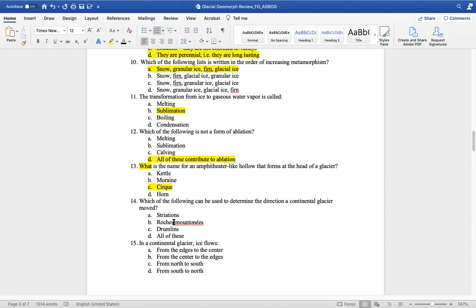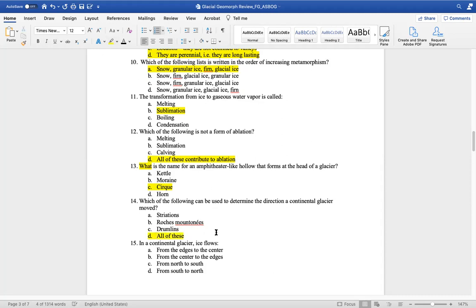Those are erosional features, and they do occur in continental settings, as well as drumlins. Drumlins are a depositional feature, kind of elongate features that let you tell the direction of glacial flow. So yes, you could use all of these.